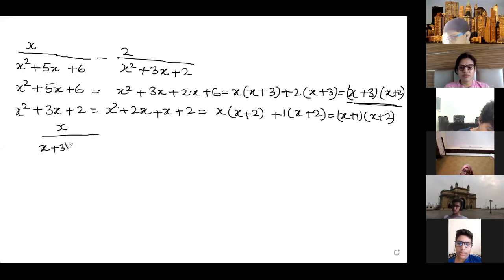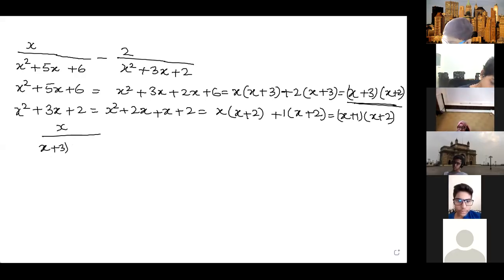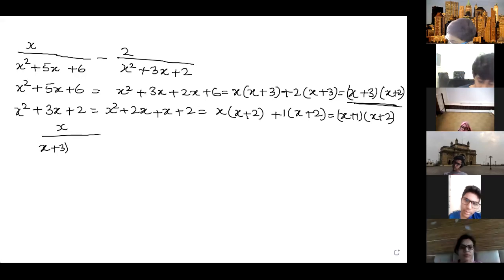Okay, what is the LCM you have to find out? Find out the LCM, everyone, because you have to make the denominators the same. Anyone has found it?